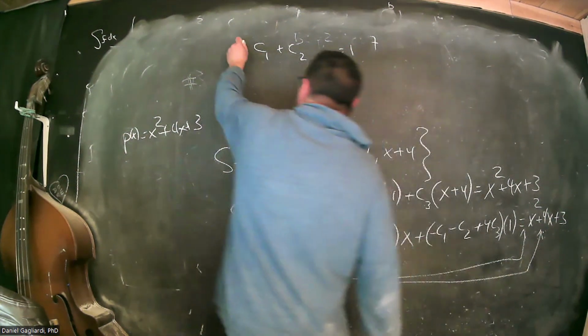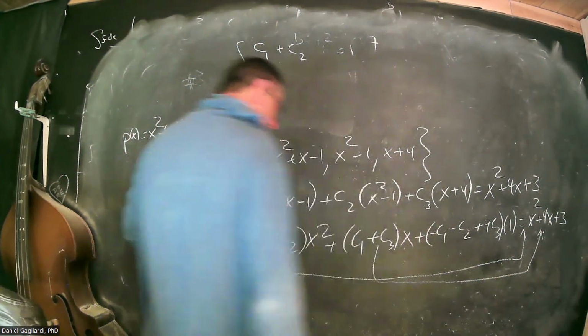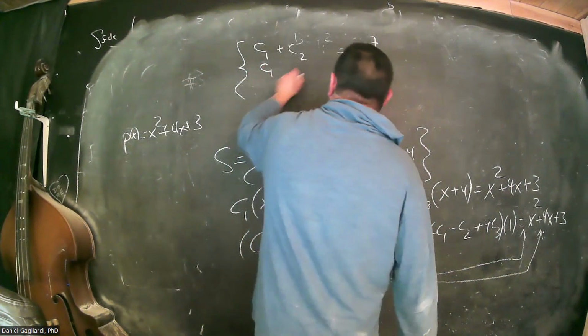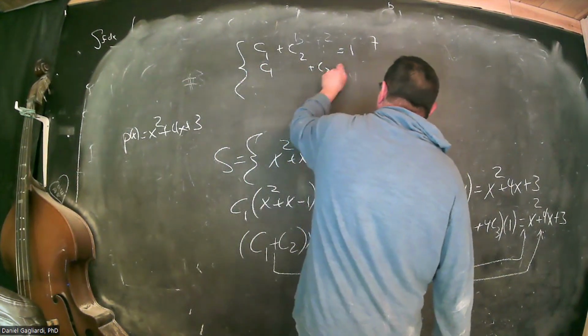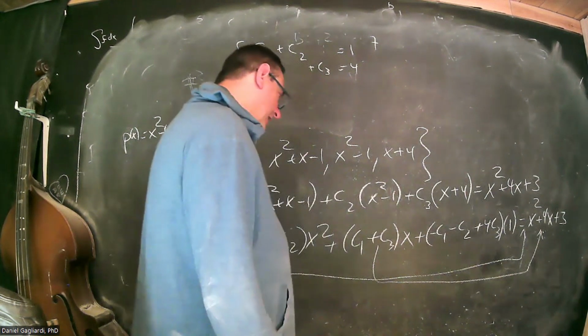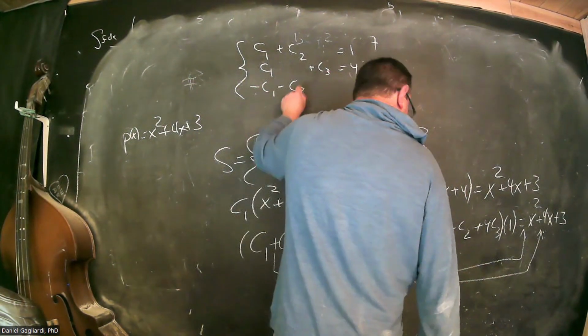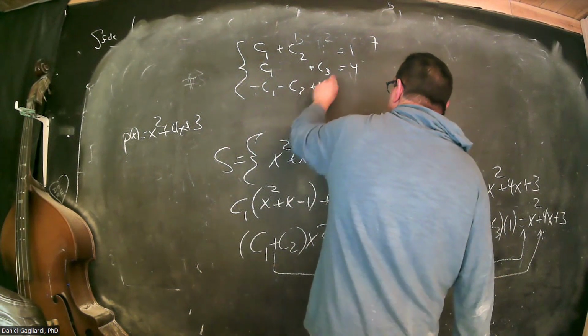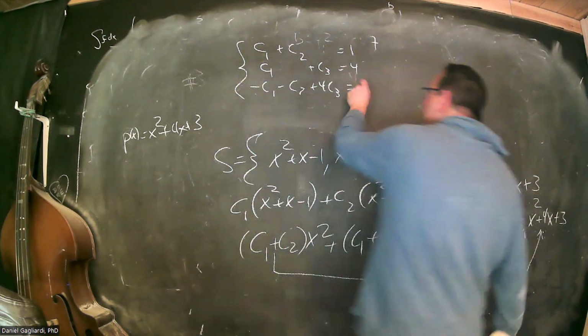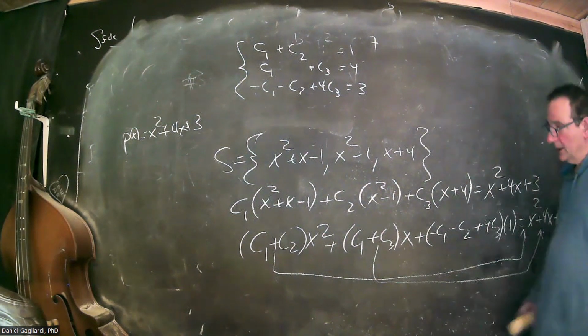This is a linear system in equation form. And then we have C1 plus C3 is equal to 4. And finally, we have negative C1 minus C2 plus 4C3 is equal to 3.